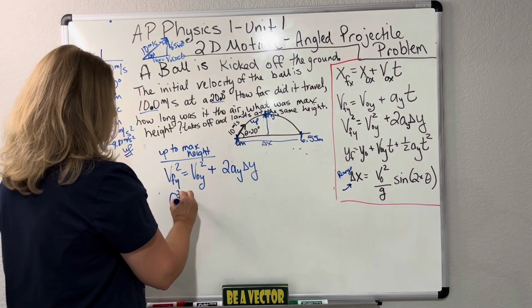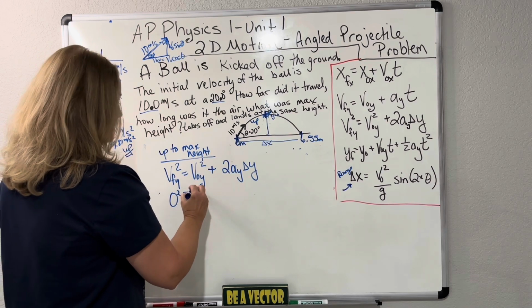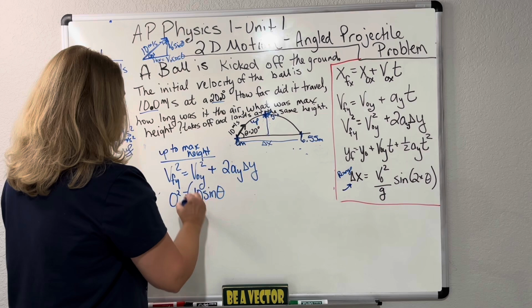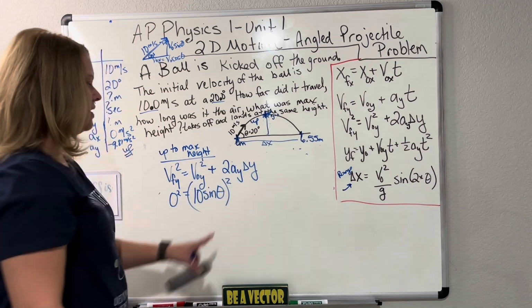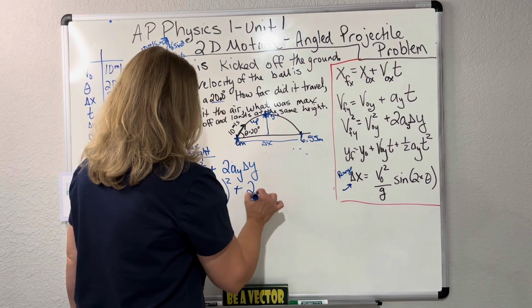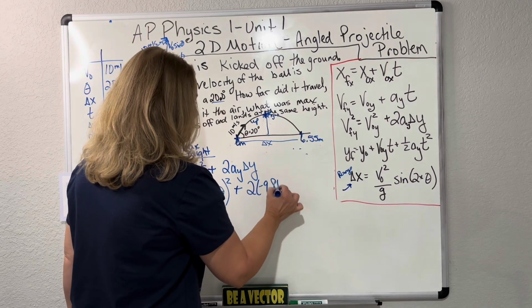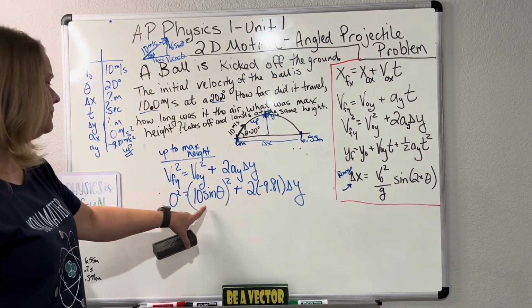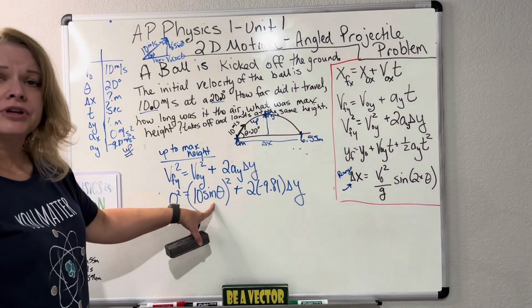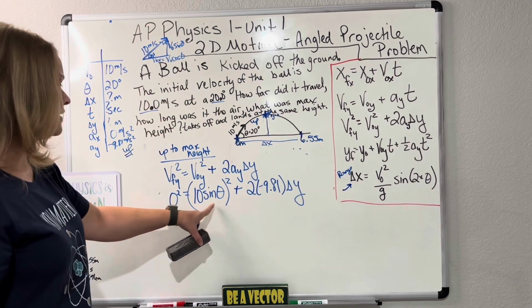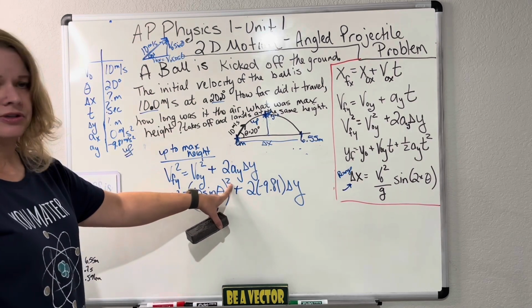We know that's 0. We know my initial, it's not 10, it's 10 sine theta, and then you've got to square that whole thing. Do not forget the square. It's a very common error. All right, plus 2 times negative 9.81 times that delta y. Now, here's the deal. First of all, do not forget your calculator needs to be in degrees, not radians, or you're not going to get the right answers, and don't forget to do this square.